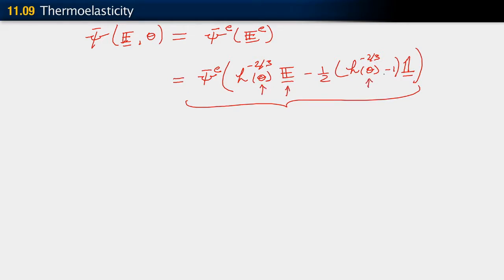So for a material such as this, it is pretty clear that the derivative of psi bar with respect to theta and E will arise. So this term is not 0.